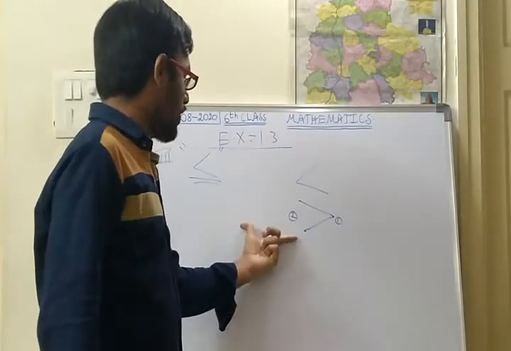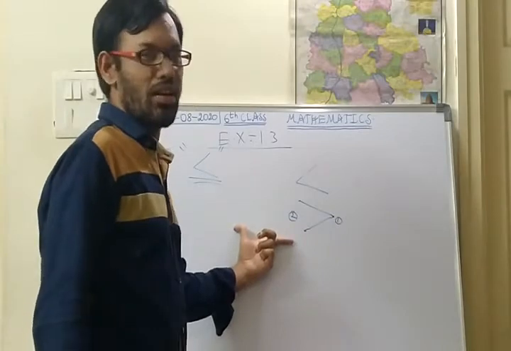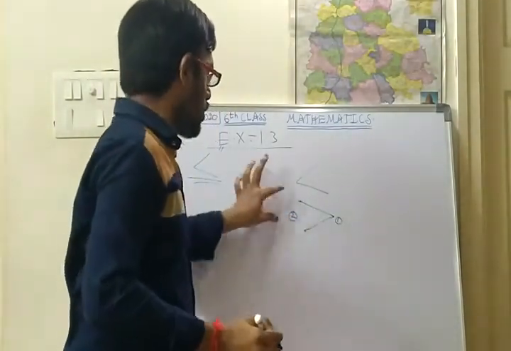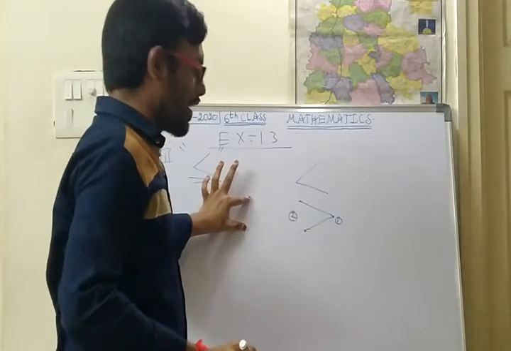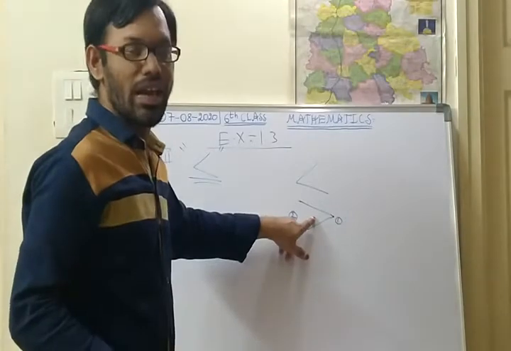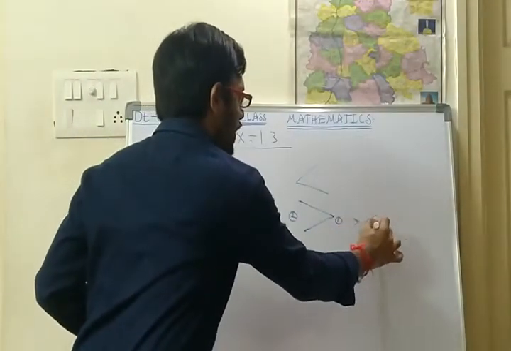Whatever number we write at the left side is the one considered. Since 2 is greater than 1, the number is greater and the symbol should be the greater than symbol. This is about the greater than symbol.